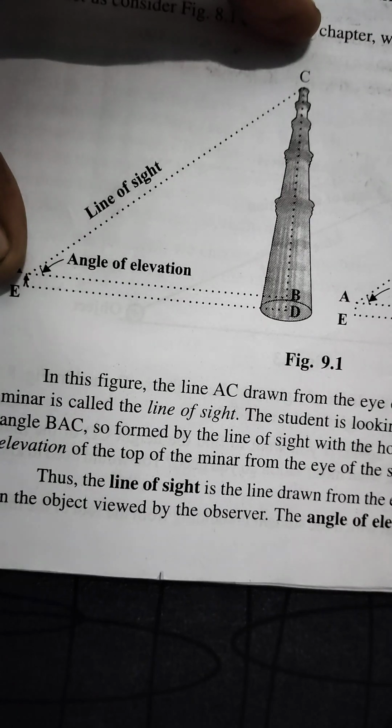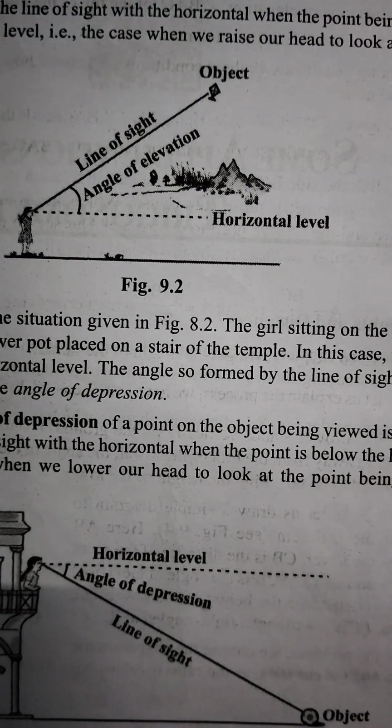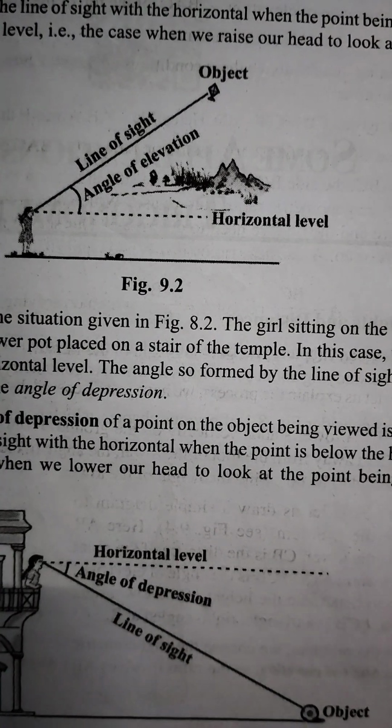The angle of elevation of the point viewed is the angle formed by the line of sight with the horizontal when the point being viewed is above the horizontal level. That is the case when we raise our head to look at the object.